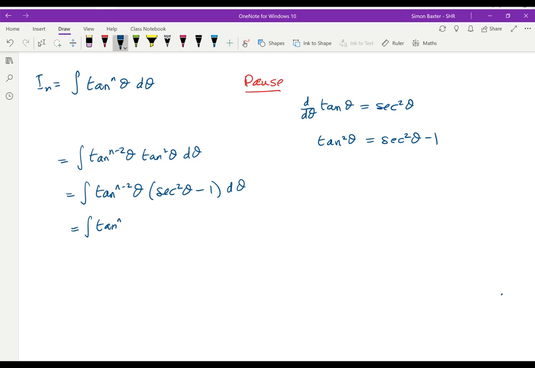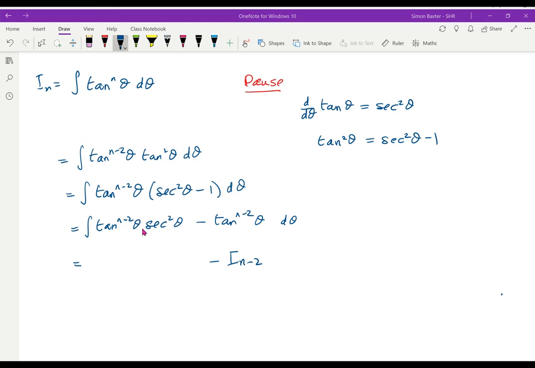That is the integral of tan to the n minus 2 theta sec squared theta minus tan to the n minus 2 theta d theta. Well, the last part of this is just minus I n minus 2.